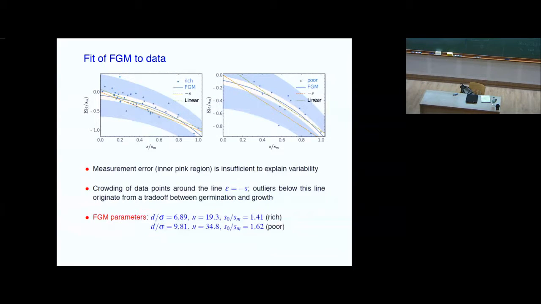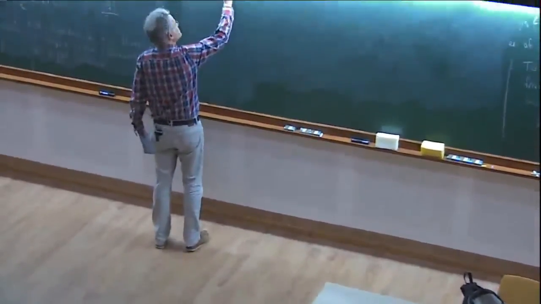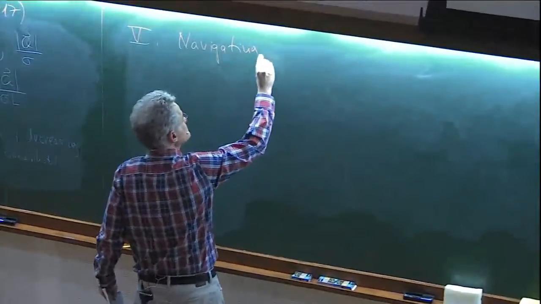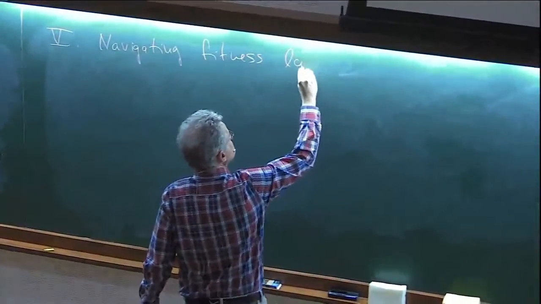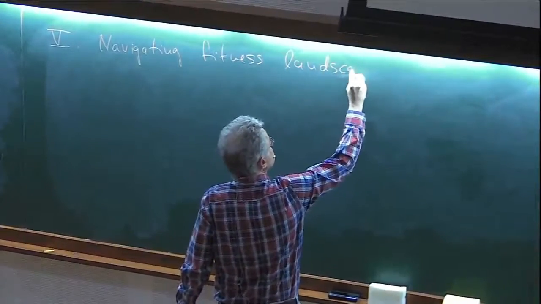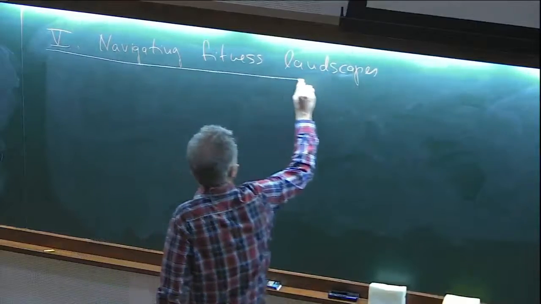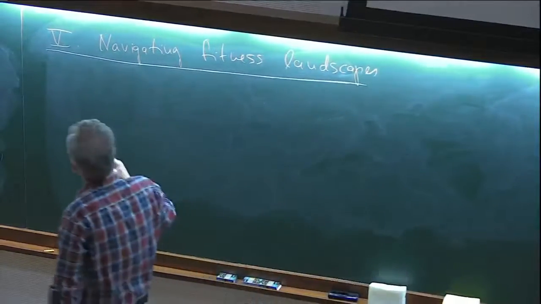In some sense, this task is not so difficult because Daniel already gave you a good introduction to the regimes of evolutionary dynamics. What we're going to consider is a regime of weak mutation.